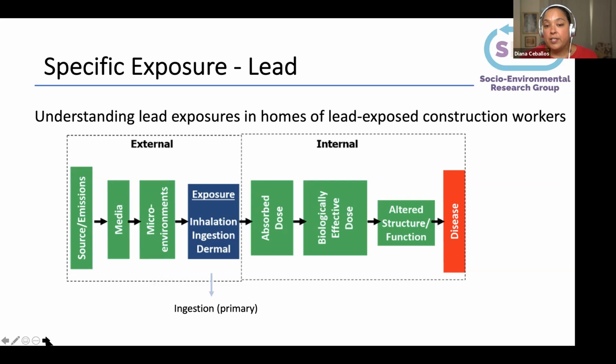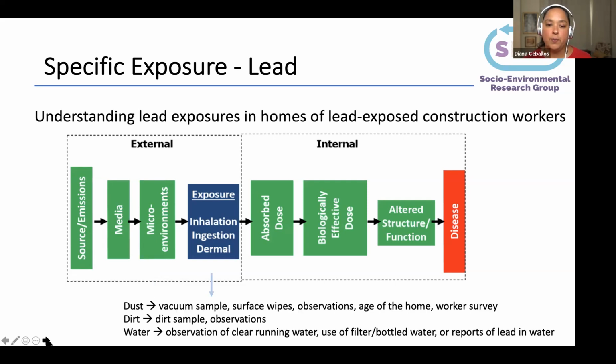And so now in terms of exposure for homes, in particular, the literature suggests that ingestion is the primary route of exposure. And then if we're actually going to be looking at what exposure variables I collect from the dust, I usually do a vacuum sample, surface wipes, observations, age of the home, worker survey.